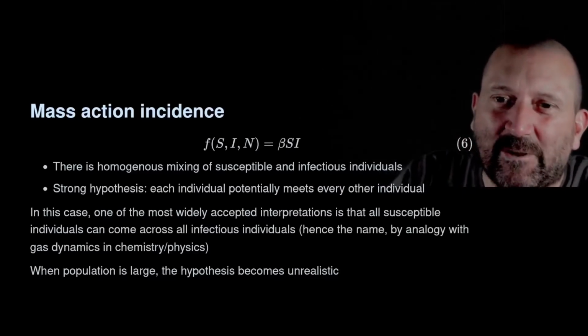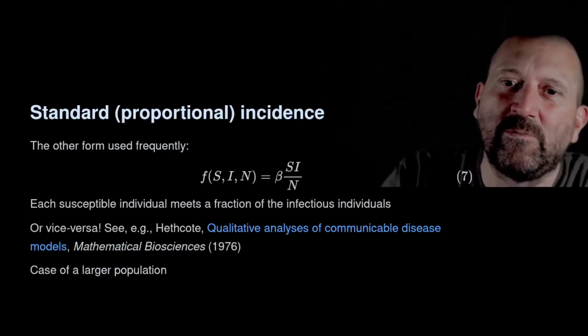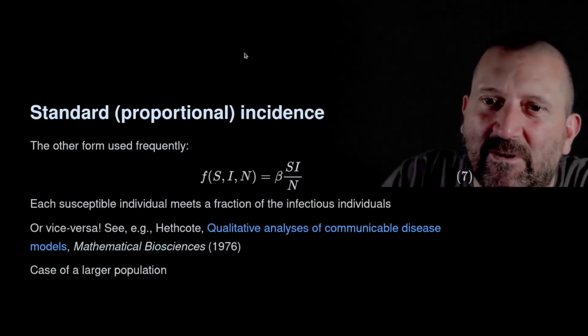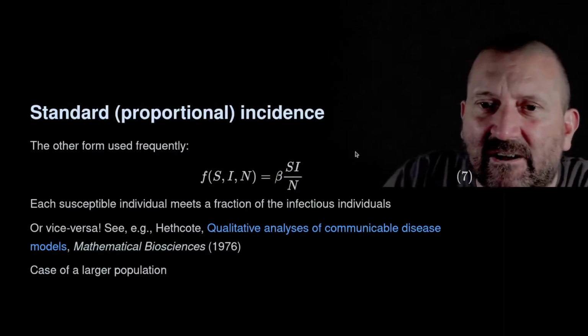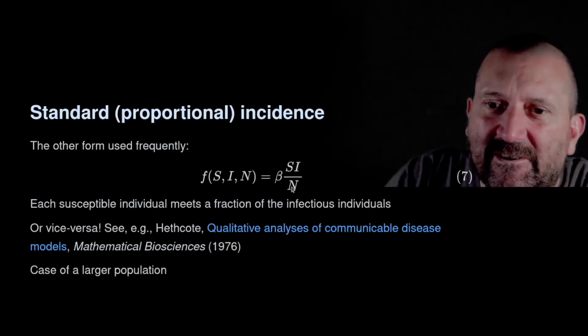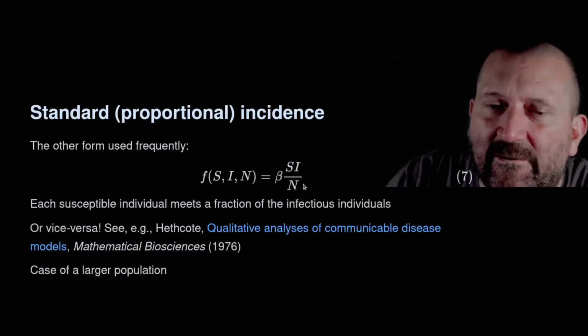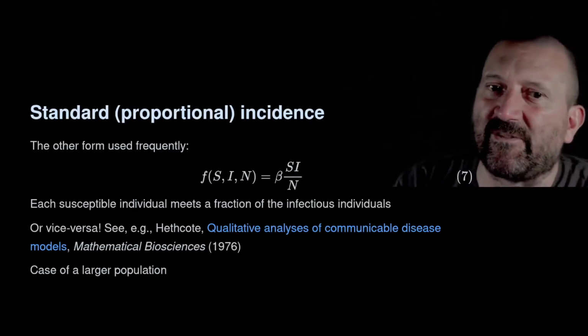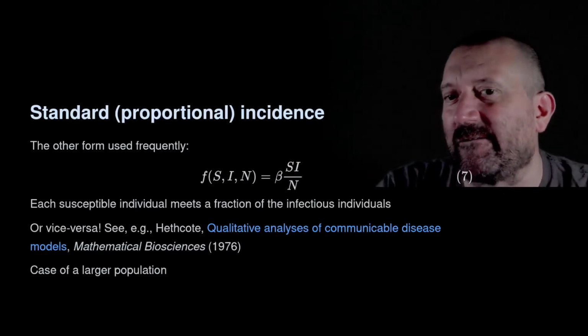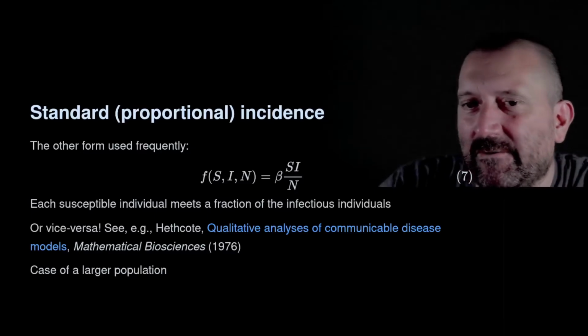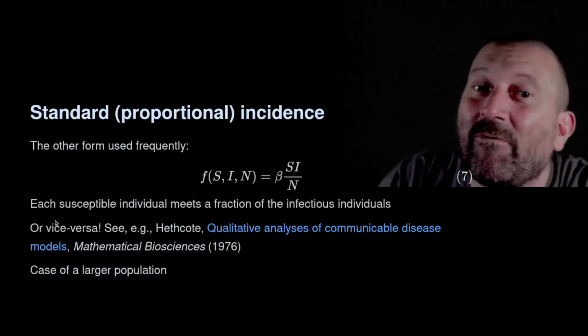When populations become larger, it's a bit more of a problem, and so that's when we start using proportional or standard incidence, in which case we divide by the total population. So here the assumption is that every susceptible individual meets a fraction of the infectious individuals, or vice versa.